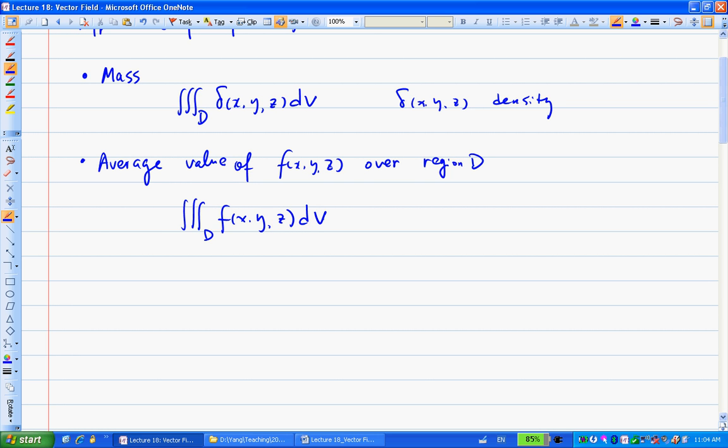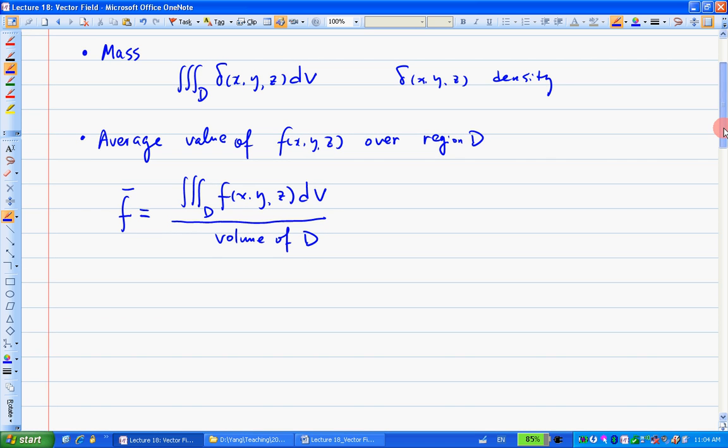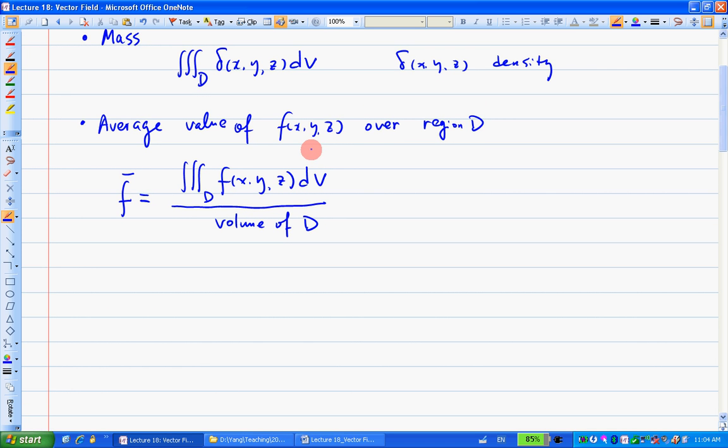So this is the triple integral calculation, but if we divide this term by the volume of D, we end up with the average value of f. The same concept as we described for double integral. If you look at the lecture notes on double integral, you would understand why this gives you the average value.